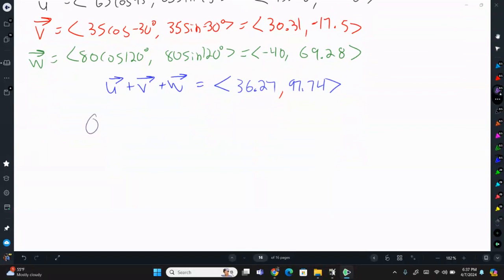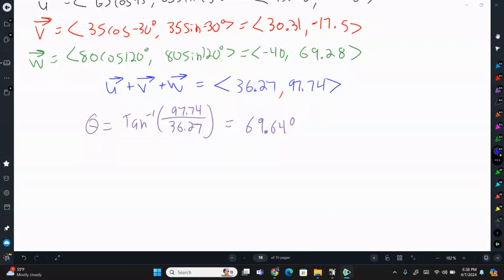So our direction angle is going to be the inverse tangent of 97.74 over 36.27, and that's going to be 69.64 degrees. We don't have to worry about adding or subtracting 180 or 360 because we are in quadrant 1, and the inverse tangent gives you angles in quadrant 1 or quadrant 4. It gives us that reference angle.